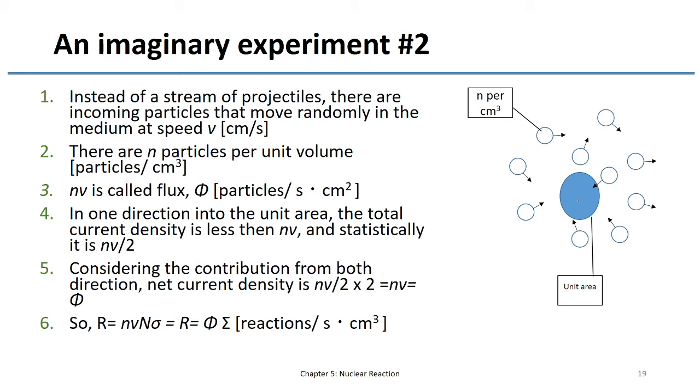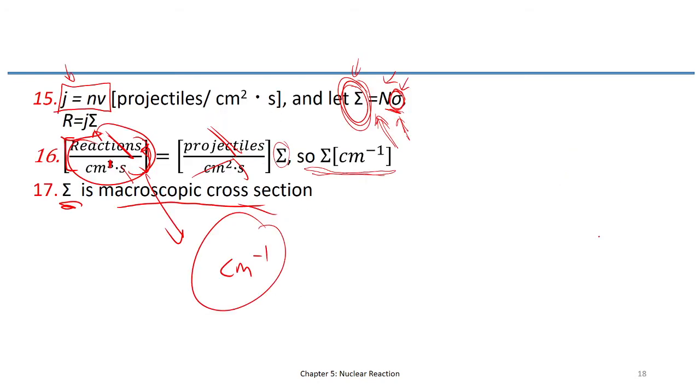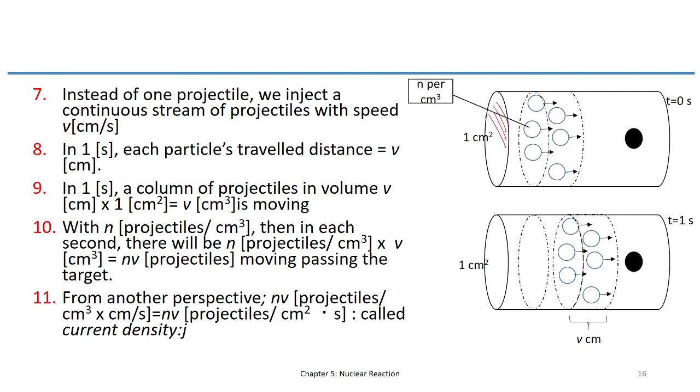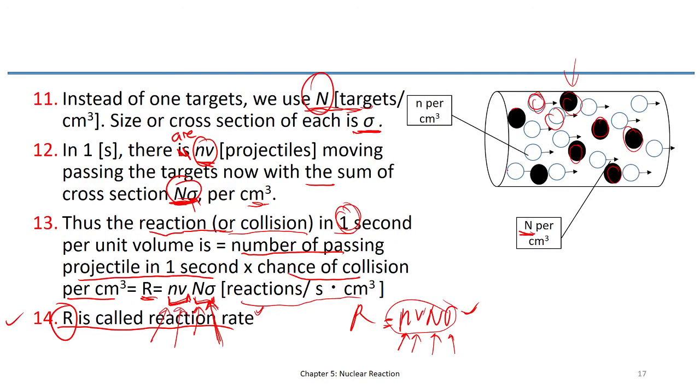So why would I consider unit area? That is to make our argument consistent, because in imaginary experiment one, we consider the unit area perpendicular to the direction of the stream of projectile.